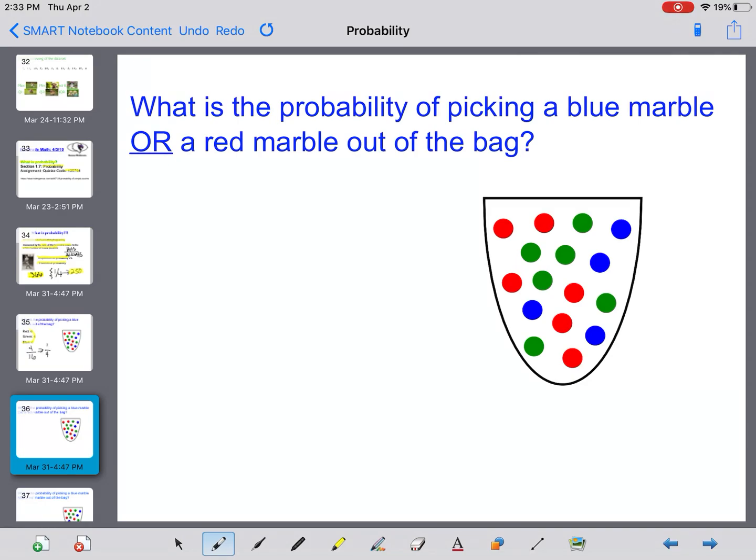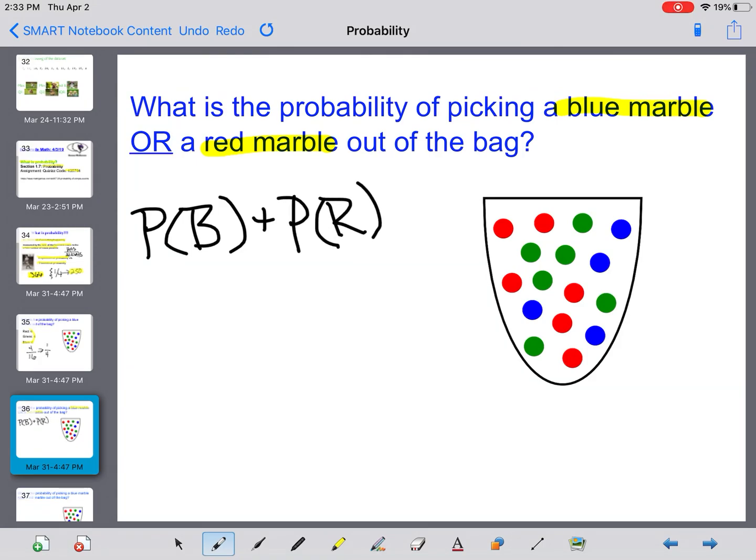What is the probability of picking a blue marble or a red marble? For these, what we do is rewrite it as the probability of blue plus the probability of red, because we can do either or. Well, if we look here, the probability of blue we said was 4/16.